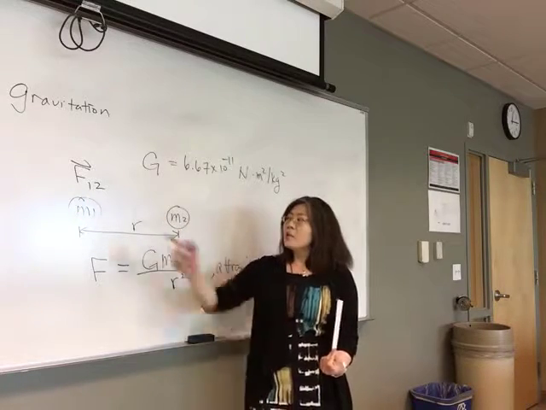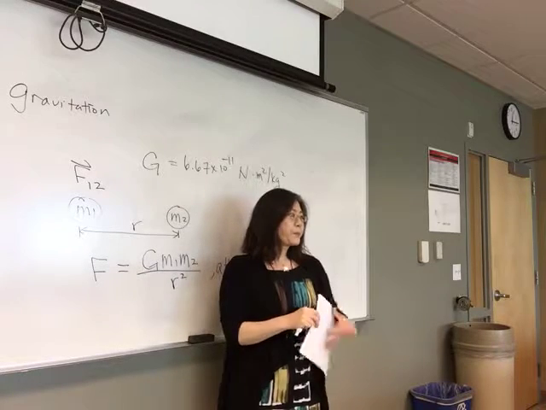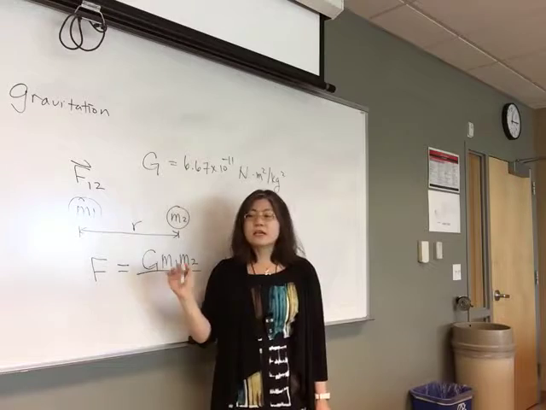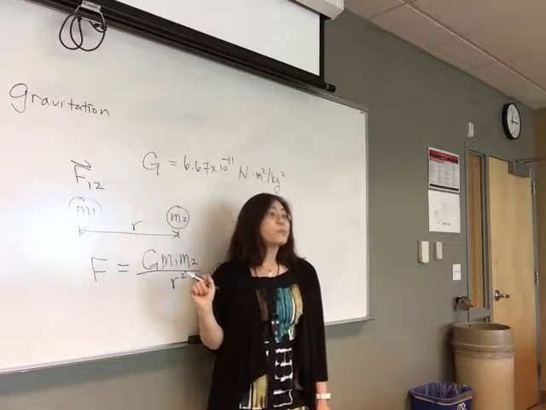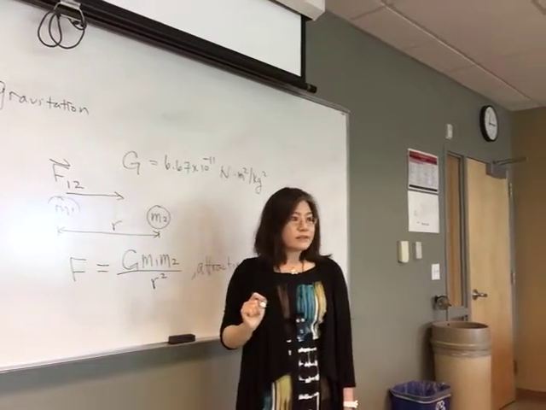So in that case, when particle 1 sees particle 2, which direction would that be? When particle 1 sees particle 2, the force being attractive, what will be the direction of F12? It will be toward that particle, right? Yes, okay.